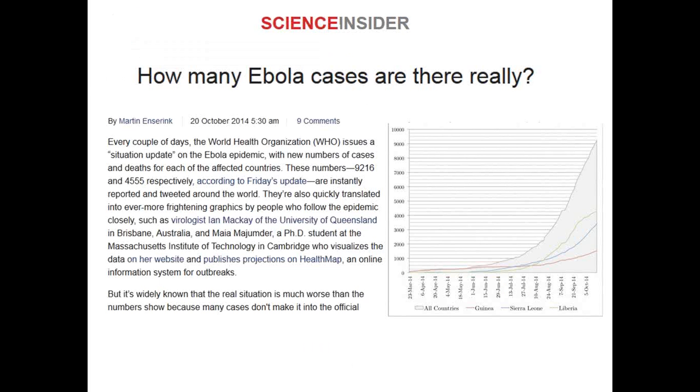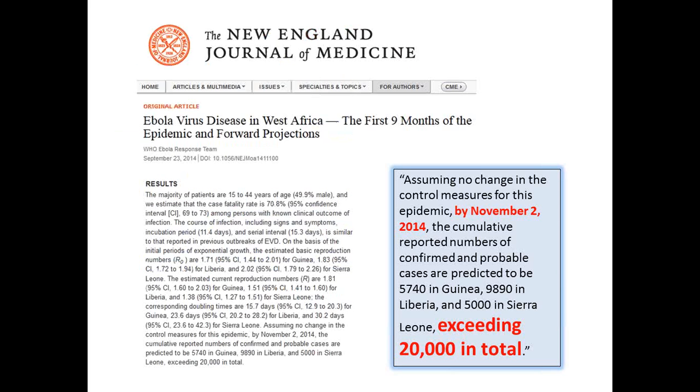The debate has gone on and on about how many cases will there really be, what does it matter what we have done or not have done with regard to public health and medical interventions. In that same article I showed you earlier, published on September 23rd, the World Health Organization, based on their modeling, concluded that there may be as many as 20,000 cases in total by November 2nd.